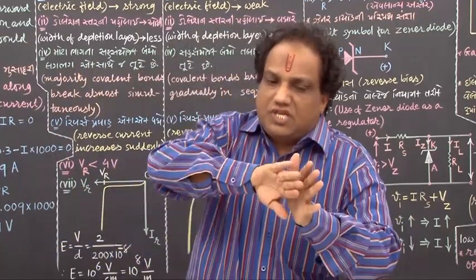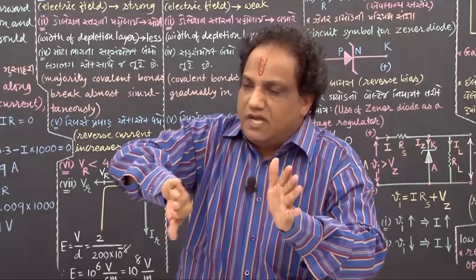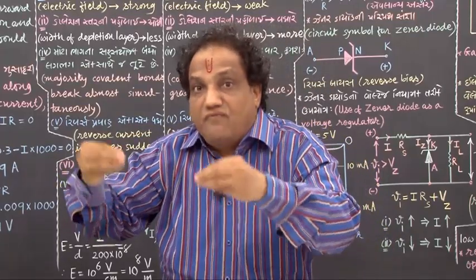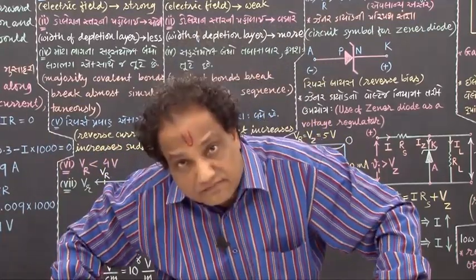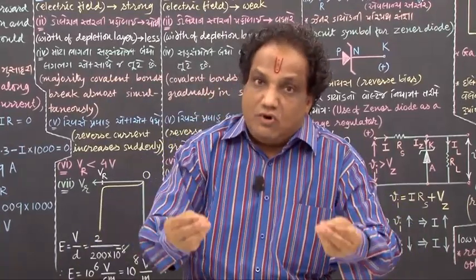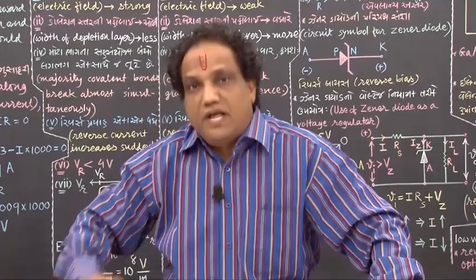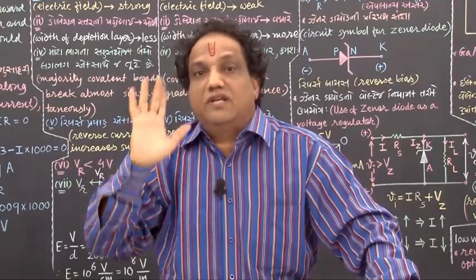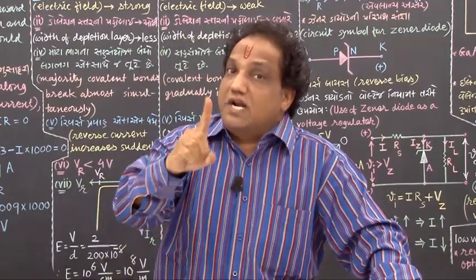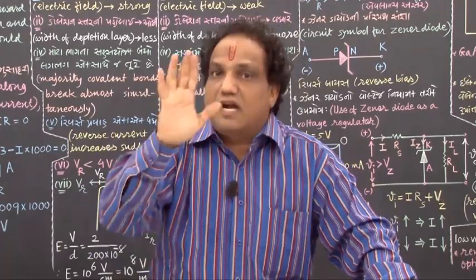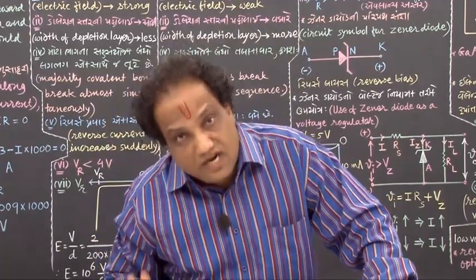This is how, successively and gradually, the number of freed electrons goes on increasing. As the number of freed charge carriers increases, it gives rise in the reverse current, but not a sudden rise; it will be a gradual rise in the reverse current.